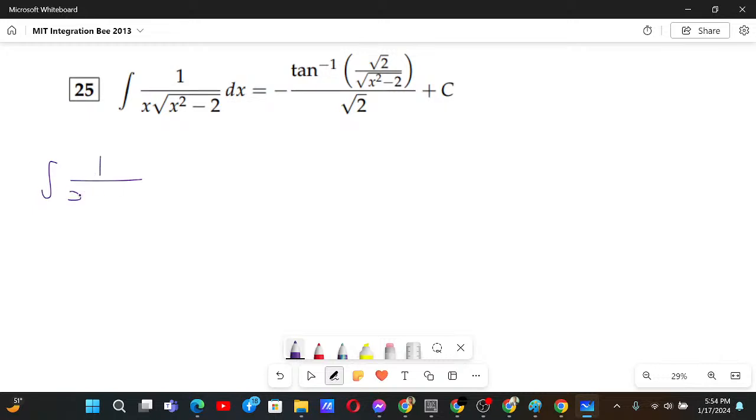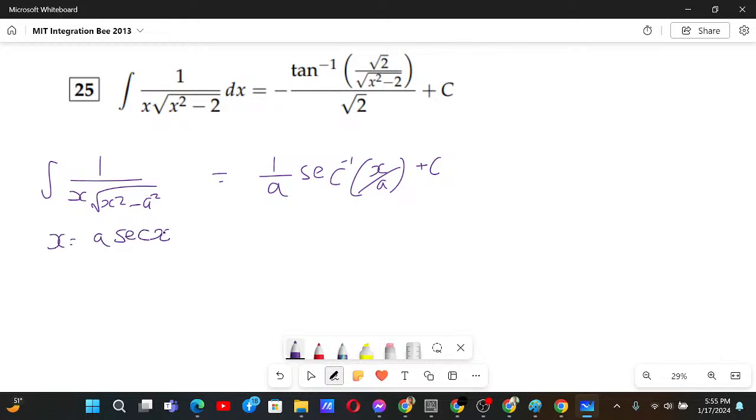If we have 1 by x square minus a square, this is actually 1 by a sec inverse x by a plus c. Now, why is this the answer? You can just substitute x as a sec theta. If you do that, you will have a sec theta, and then you will also have a tan theta over here.